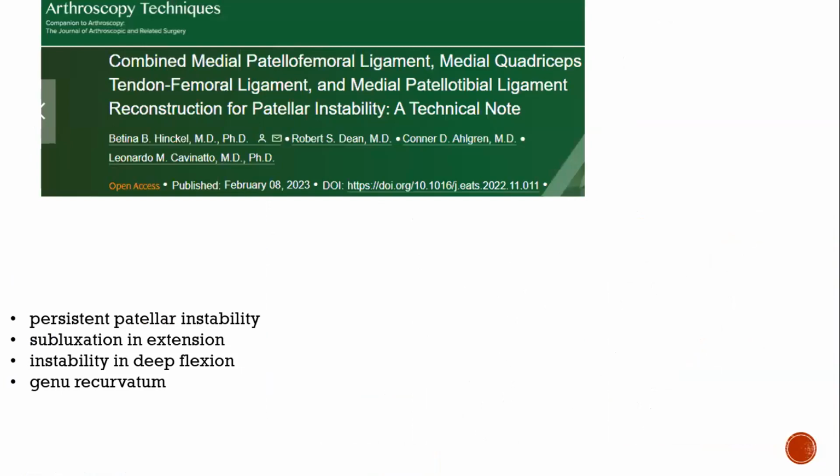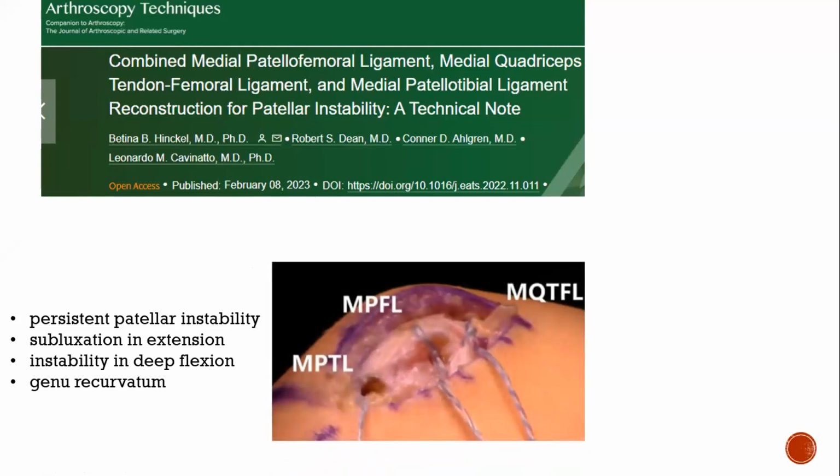This is the latest study which demonstrates use of both MPTL and MPFL reconstruction, in February 2013 in JRS. The indication is persistent patellar instability, subluxation in extension, and instability in flexion along with genu recurvatum. They used suture anchors for MPTL reconstruction.